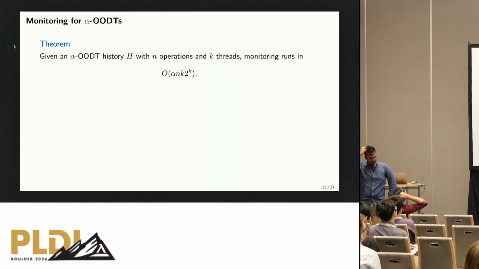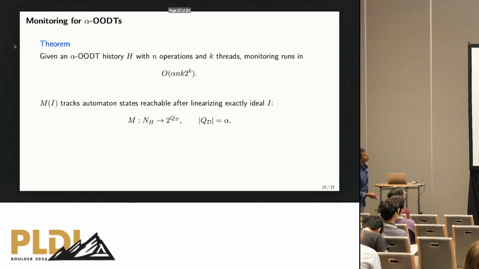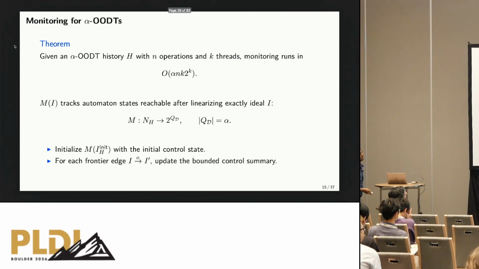The theorem we have says that for this class of data structures, you can also solve linearizability monitoring in FPT time. So alpha is that extra parameter, n is the number of events or operations in your history, and k is the number of threads. There are some details about the algorithm, which I'll not talk about, but this algorithm is roughly some sort of a graph search algorithm.